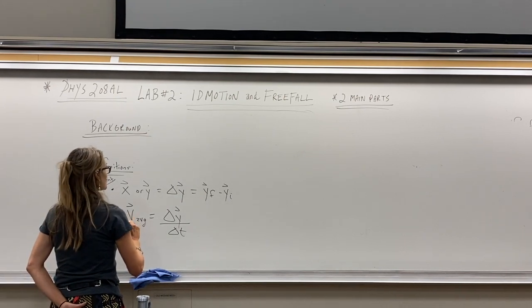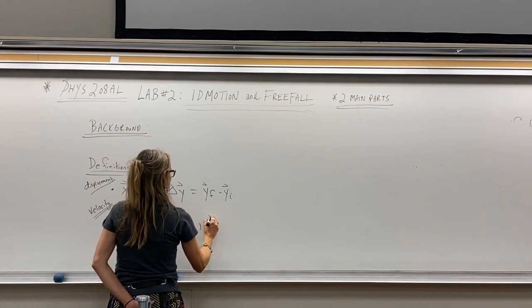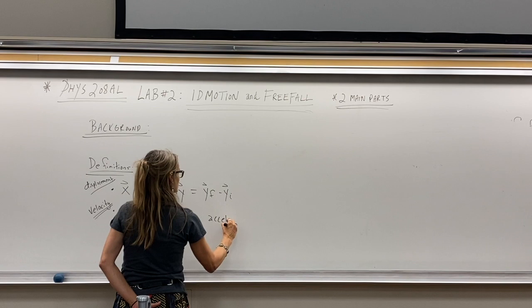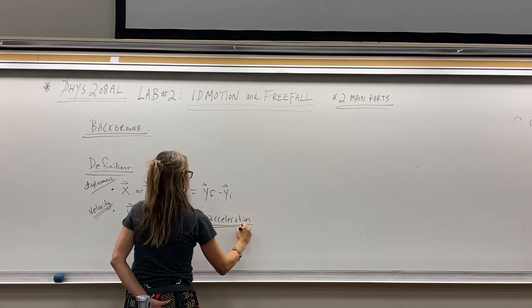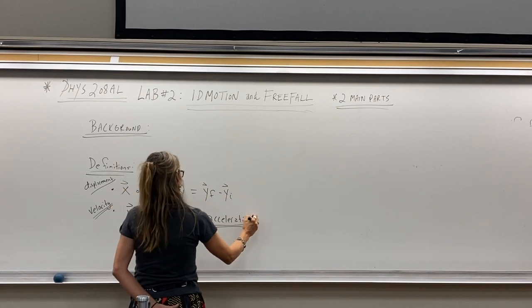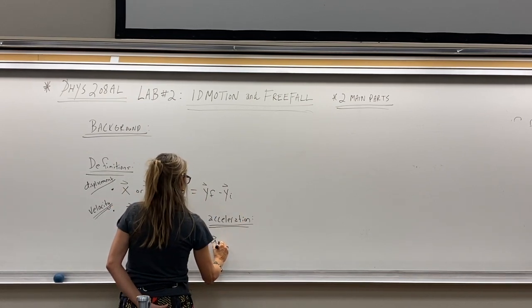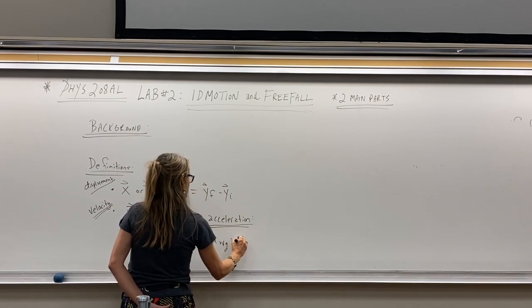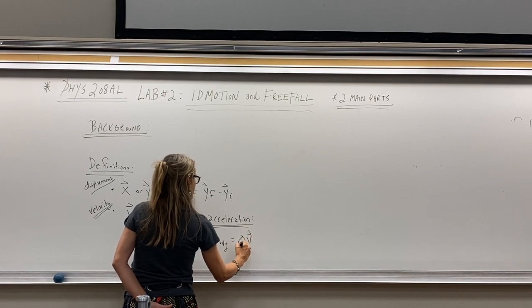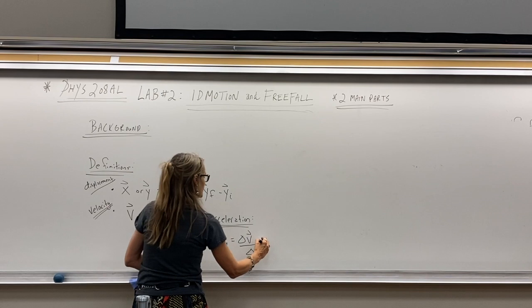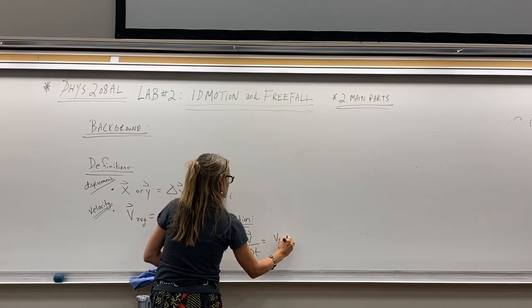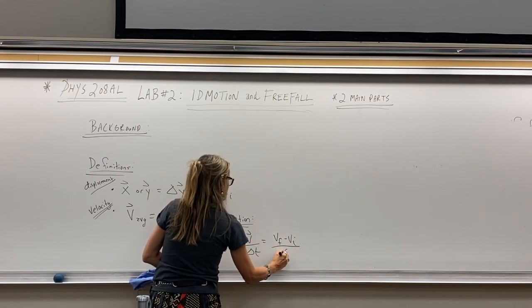And the other definition we need here is acceleration. Acceleration is A average equals delta V over delta t. So this would be V final minus V initial over delta t.